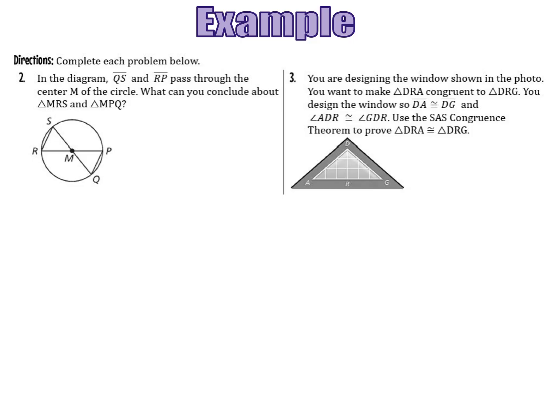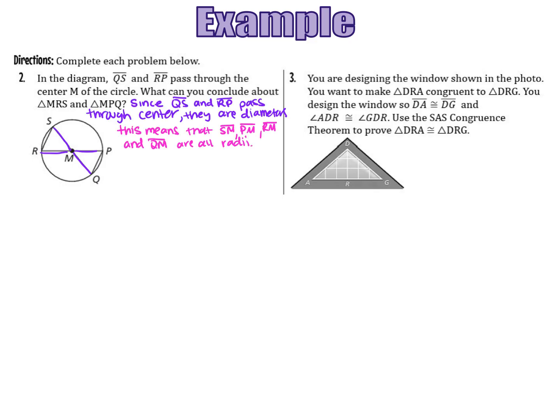Since QS and RP pass through the center, we already said that those are diameters, which means that QM and PM and SM and MR or RM, those are all going to be radii, because a radius is just half of the diameter. So let me just get that down so we can make sure we understand that.